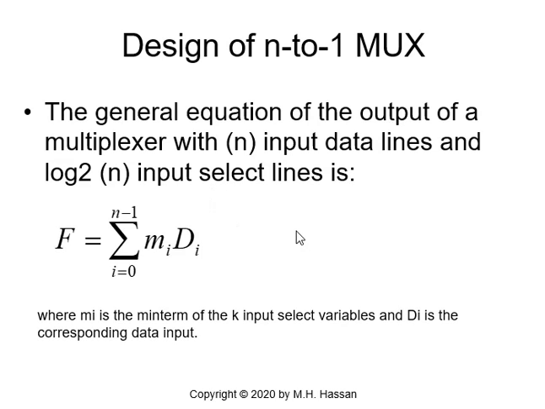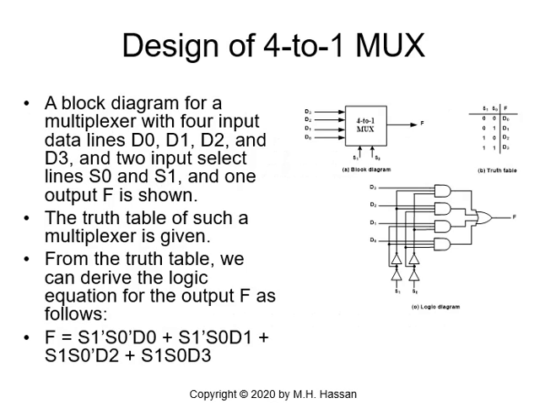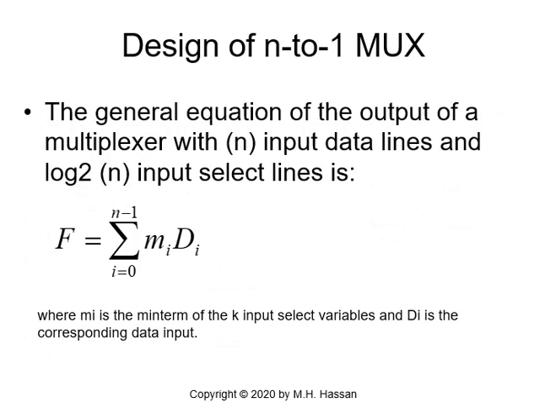Once I know the select lines, F will be M0 D0, the first data line, plus M1 D1, plus up to Mn-1 Dn-1, where Mi is the minterm of the k input select variables, and Di is the corresponding data input. So it's really a generalization of the previous design, the 4-to-1 MUX. We can just extend it to an n-to-1 multiplexer.